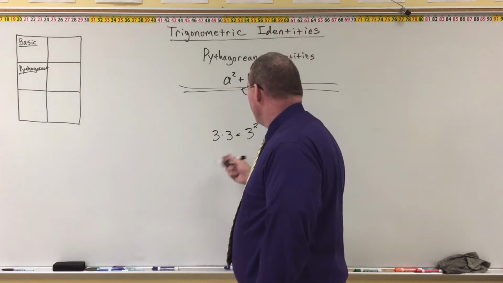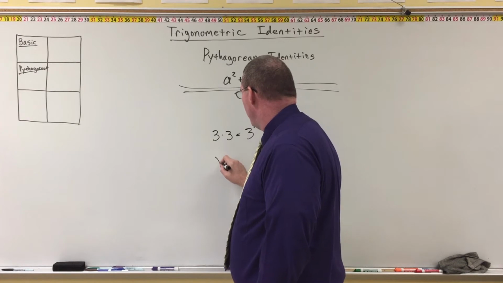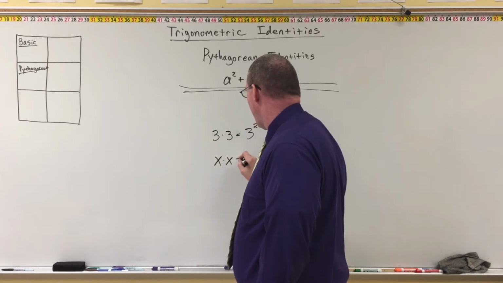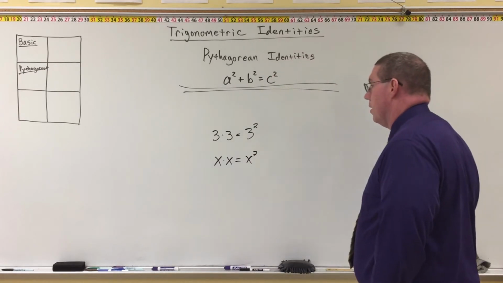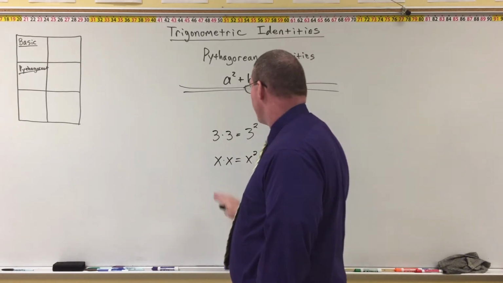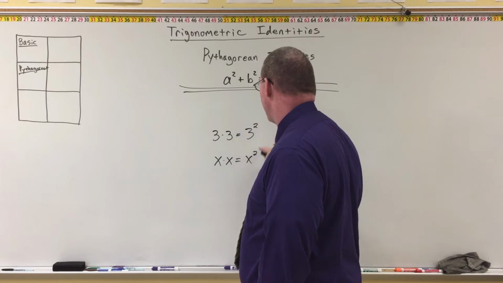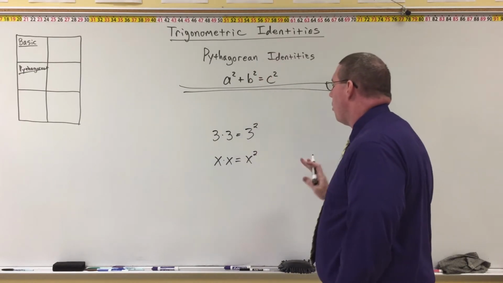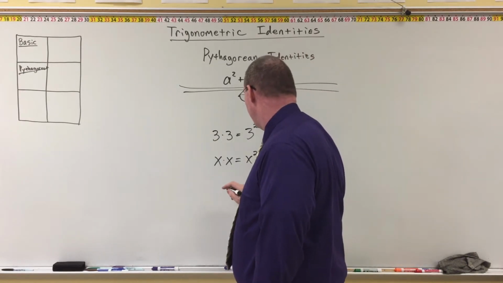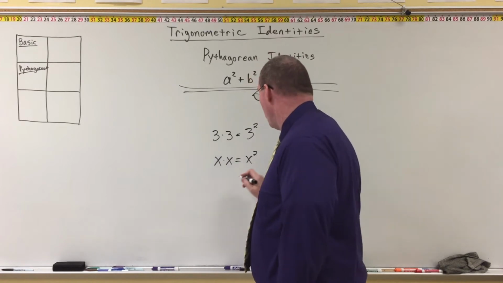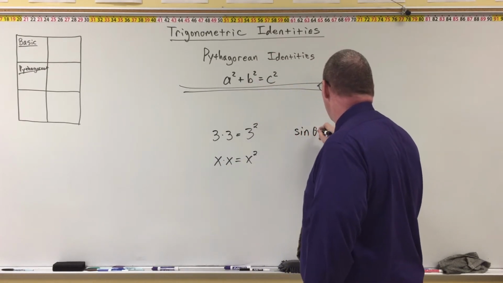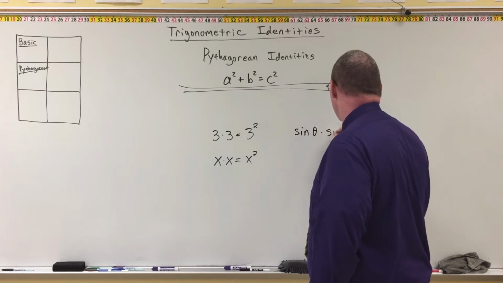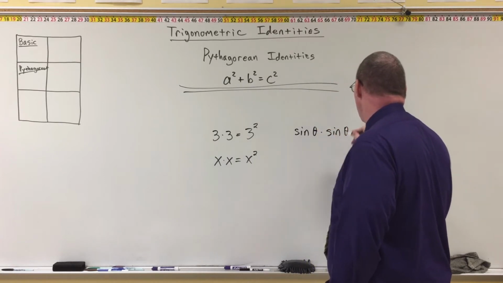All right. Similarly, when we got into algebra, we learned that x times x is equal to x squared, correct? So anytime we multiply something by itself, we can represent it by just putting a square on it. Well, what we're going to see a bit of in the next several identities is something to the effect of sine of theta times sine of theta.